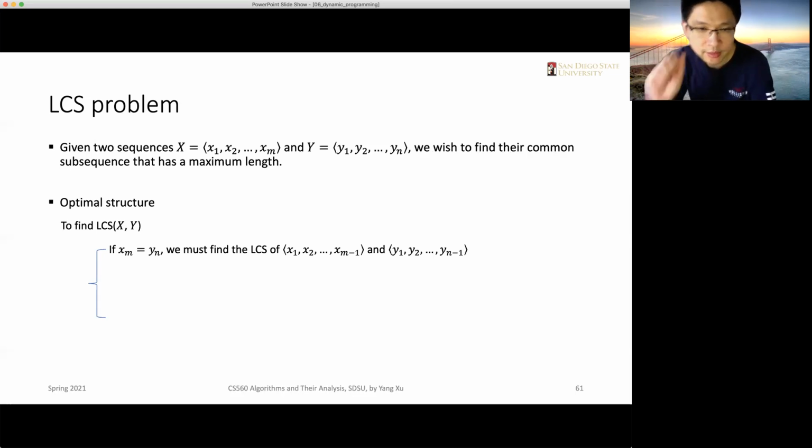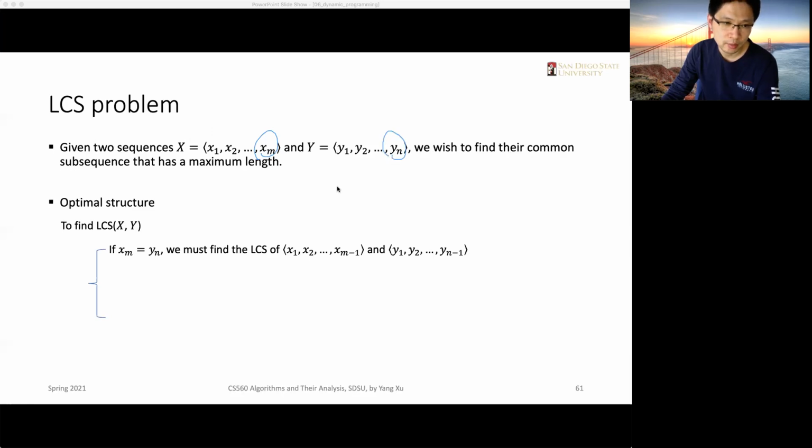Let's consider the last elements, which are xm and yn. If these two have the same value, if they are equal, which means they will be included in the longest common subsequence, right? Because they are the common parts.